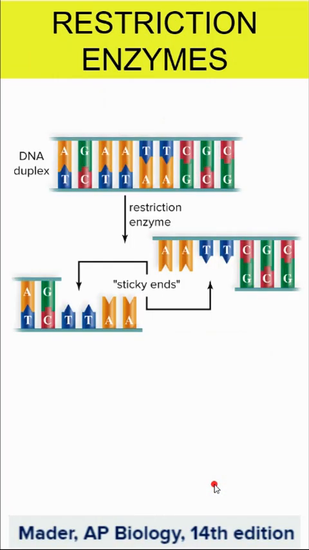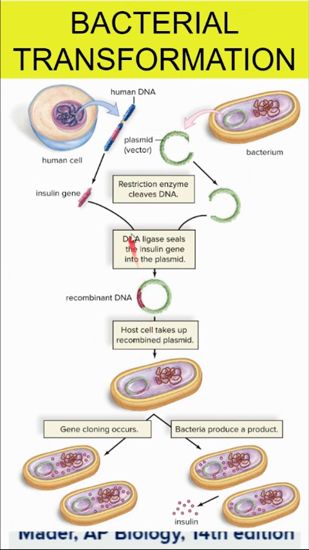So again, getting back to this idea of restriction enzymes, it's really important to be able to cut apart things at specific locations. So now we're getting into bacterial transformation.